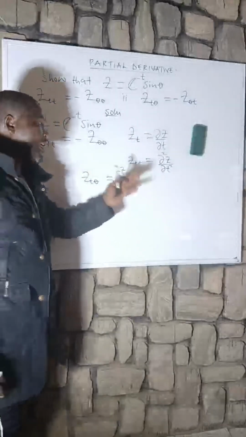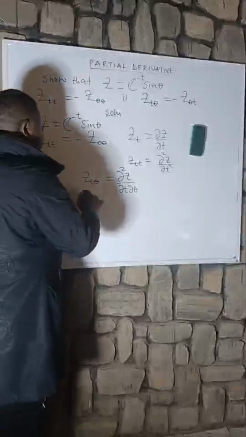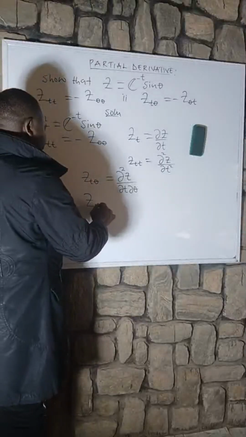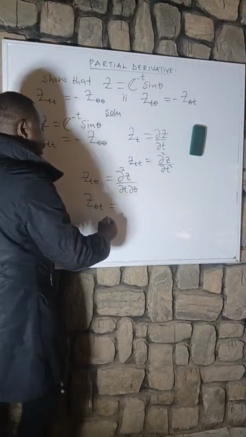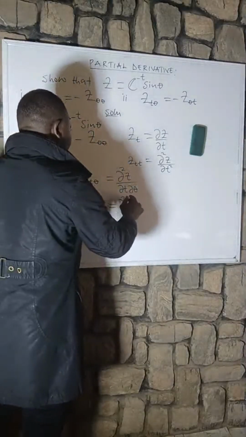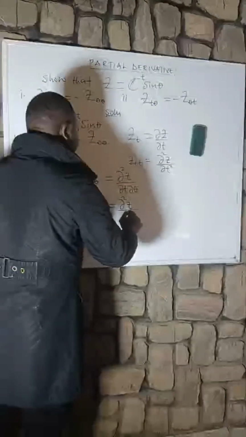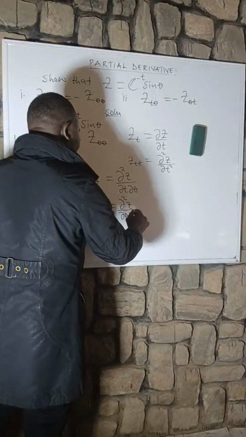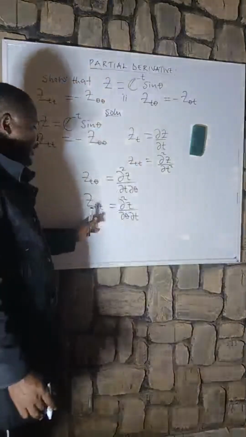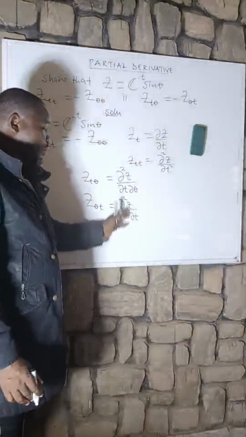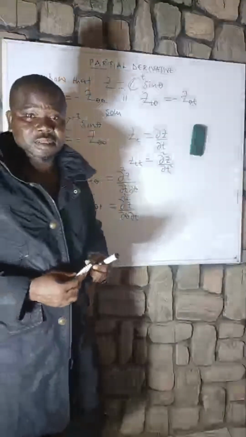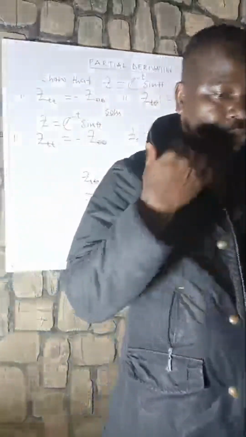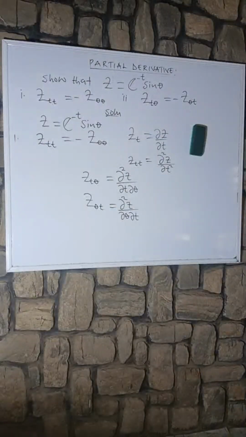Likewise, z subscript theta t is also the same thing as partial square z all over partial theta partial t. So this and this are the same thing, and this is what you have been seeing every now and then. Any question, please, before we proceed further?